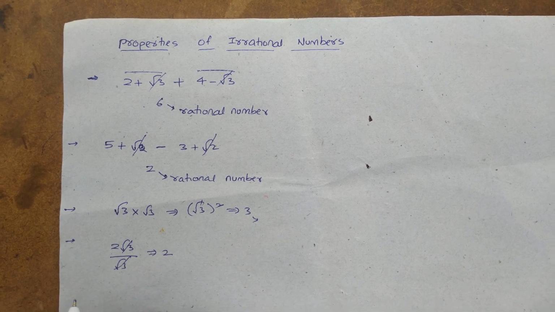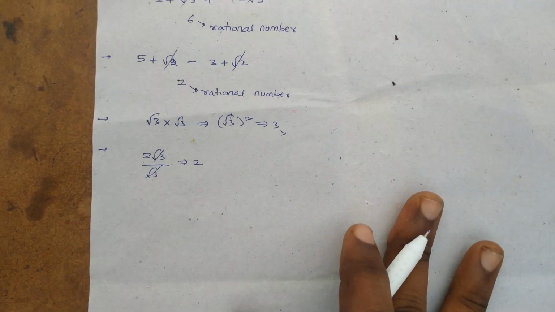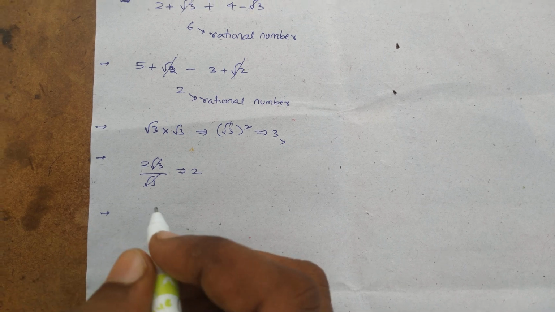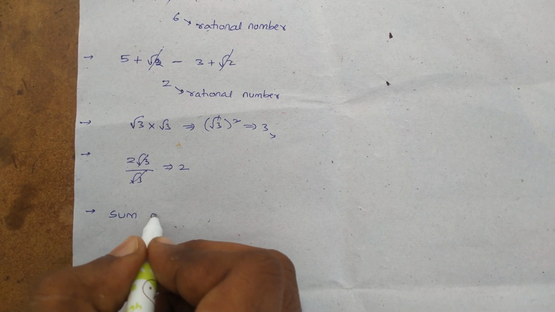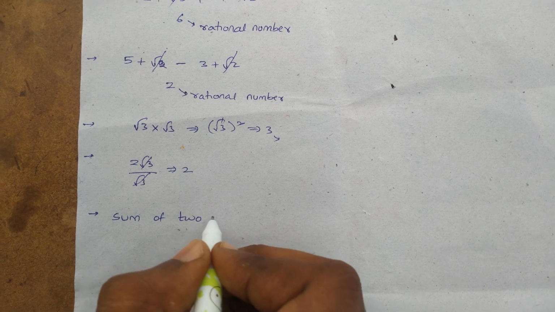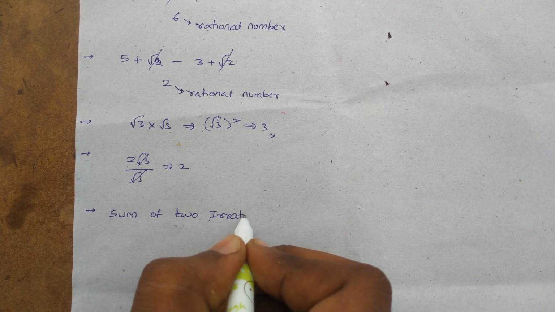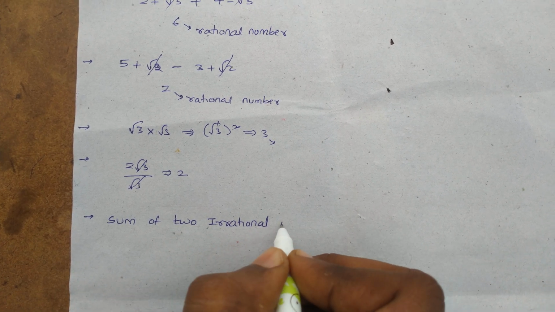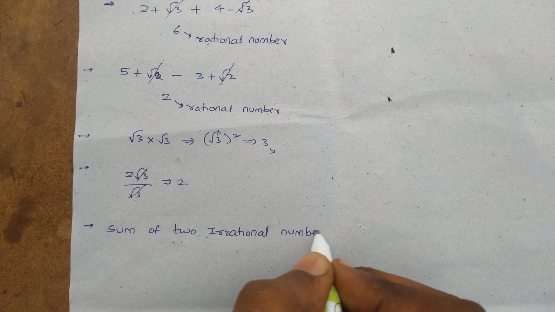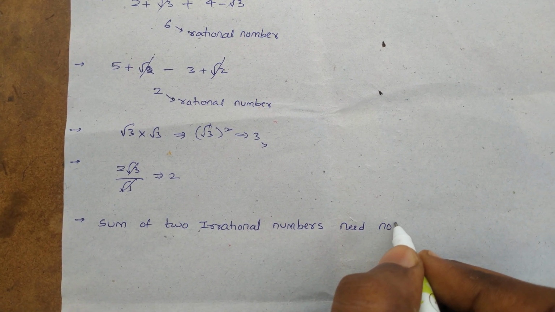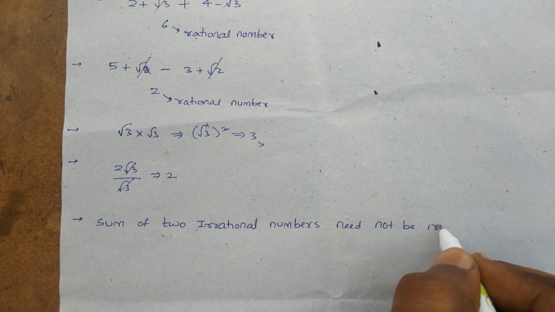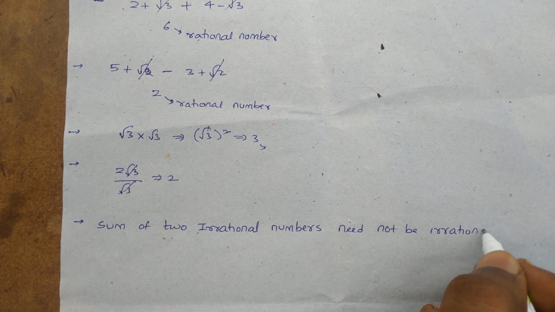2, right? So you have to remember 4 properties. What are those? The sum of two irrational numbers need not be irrational. Clear?